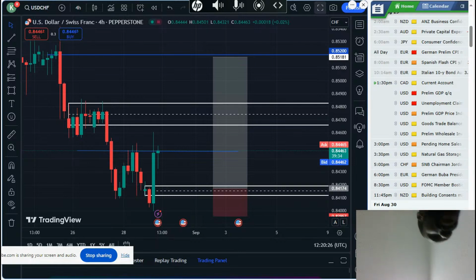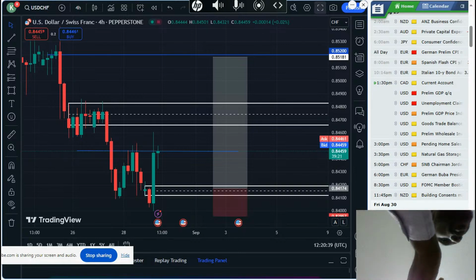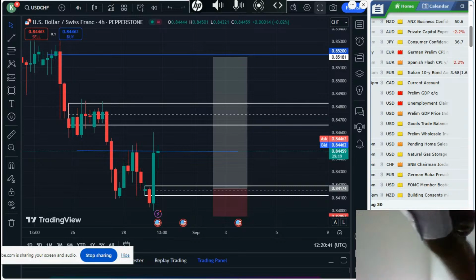There's news coming up by 1:30 p.m., and we're looking at the USD Prelim GDP, the unemployment rate, and the prelim GDP price index.